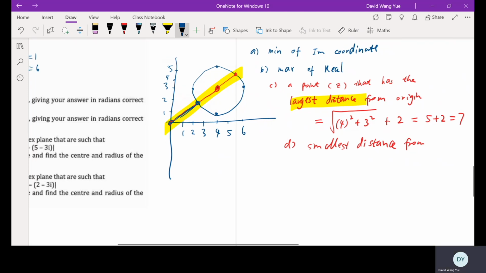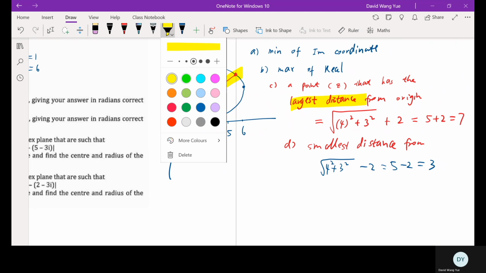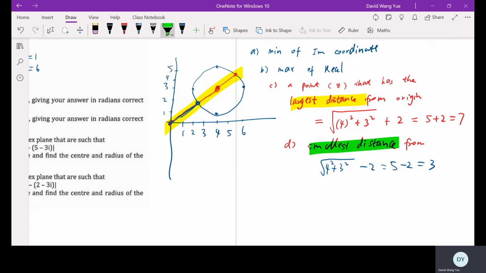So this time it is the distance from the origin to the center minus the radius. Okay, which is this part. Okay, smallest distance.